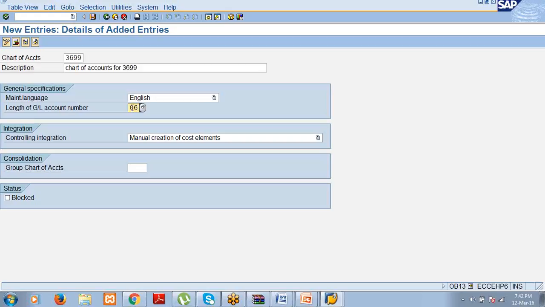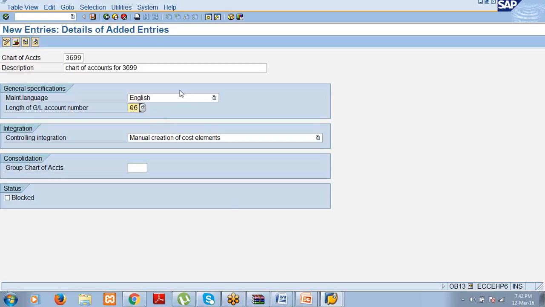See, here I told you, every GL account is identified with a number. So in that case, how many digits do you want to have in the GL account number? Here I have defined that I want to have 6 digits.